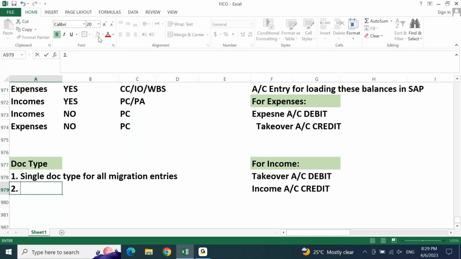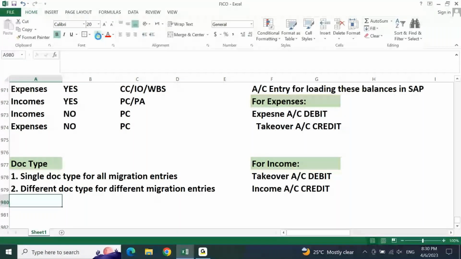Second one, different document types for different migration entries. Let's say, how many types of accounts from your P&L did we classify? Two. Yes, sir.